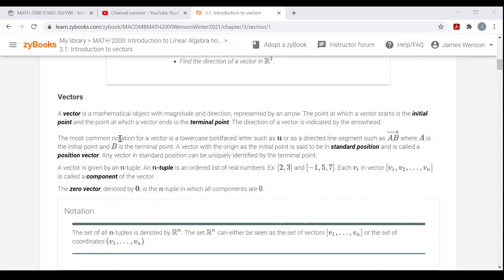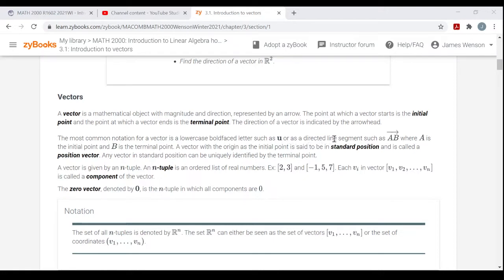The most common notation for a vector is a lowercase bold-faced letter. When I write them on my paper, I'll be using the arrow above notation. But throughout the ZyBooks text, any lowercase bold-faced letter represents a vector.